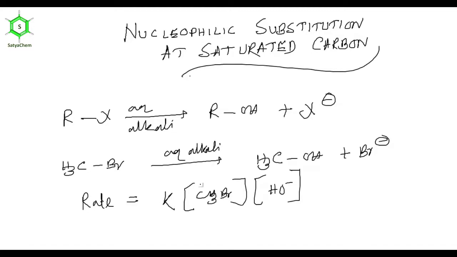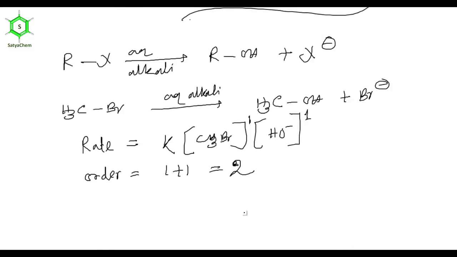So the power of the concentration of CH3Br is 1, and for HO minus it is 1. So the order of the reaction is 1 plus 1, that is 2. So you can say this reaction follows second order kinetics.